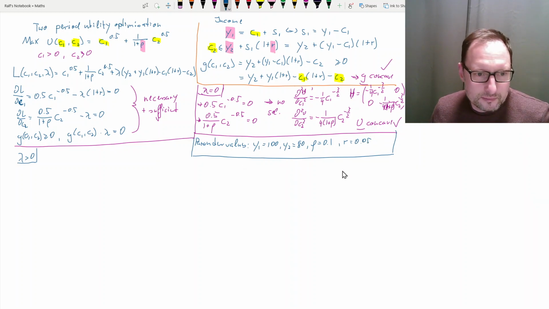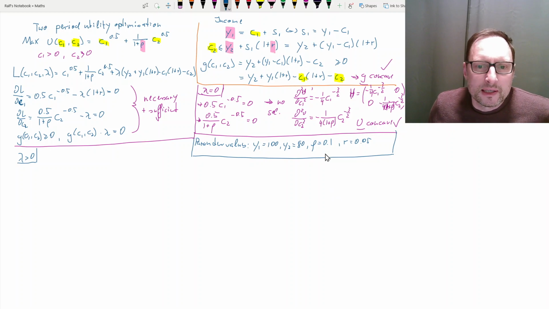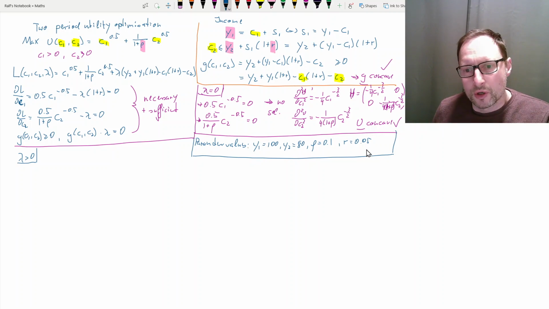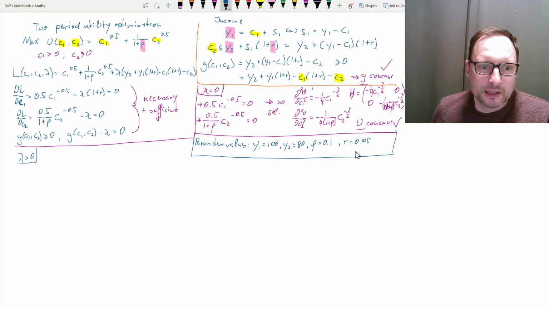So what you could do in this problem is plug in all of these values, 180, 0.1, 0.05, and then do all of these calculations with these values rather than y1, y2, rho and r. And you will get the same result if you do all the algebra correctly.